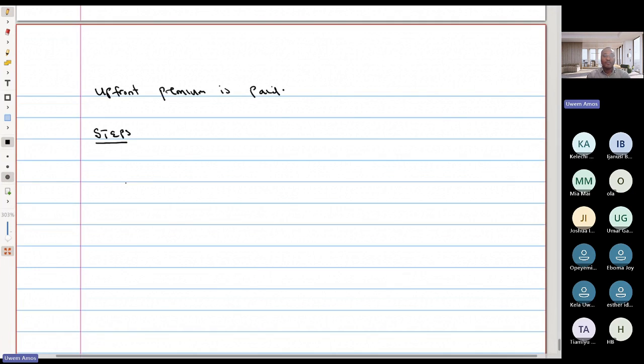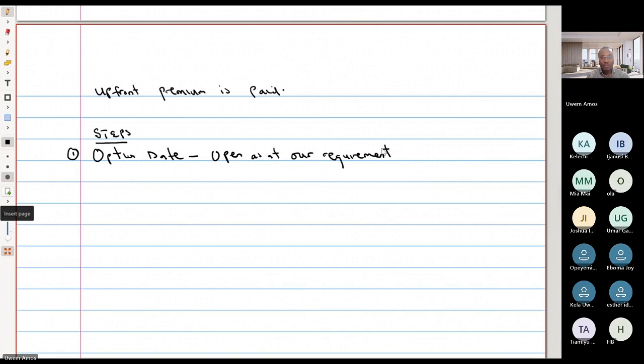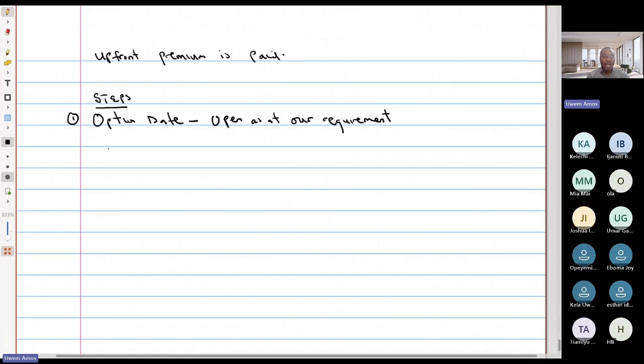So the first step will be to determine the option that is open at our requirement date to consummate the transaction. Then we look at the option market and see which option is open as at the requirement date. The next would be our option hedging strategy.